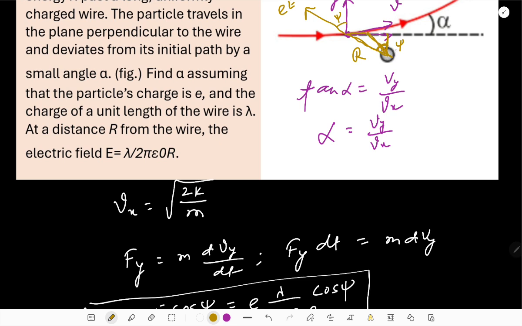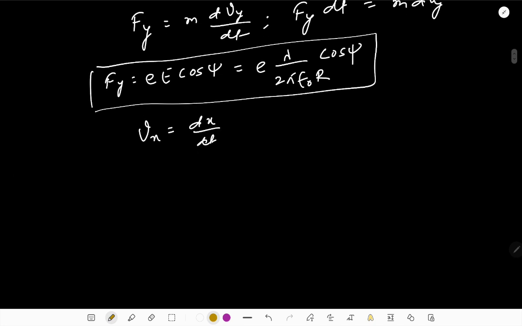This angle will be very small. This length is dx, and this length is r, and this angle I'm going to call d psi, because this whole angle was psi.